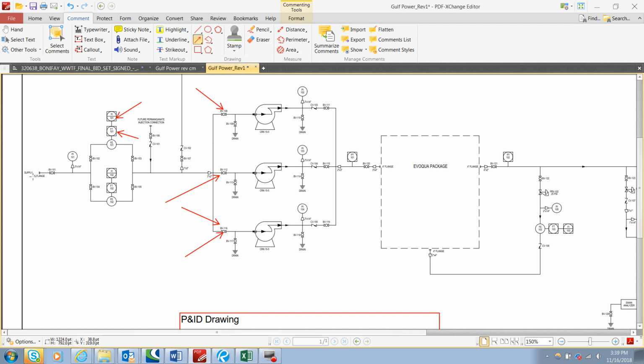So reading this from left to right, we have the supply that comes in, goes past the ball valve. It's going this way. We have a pressure indicator, fancy way of saying a pressure gauge. We have a 3-inch by 1/4 inch reducer, and then the flow can go either this way or it can go this way, and it's controlled by these two ball valves.